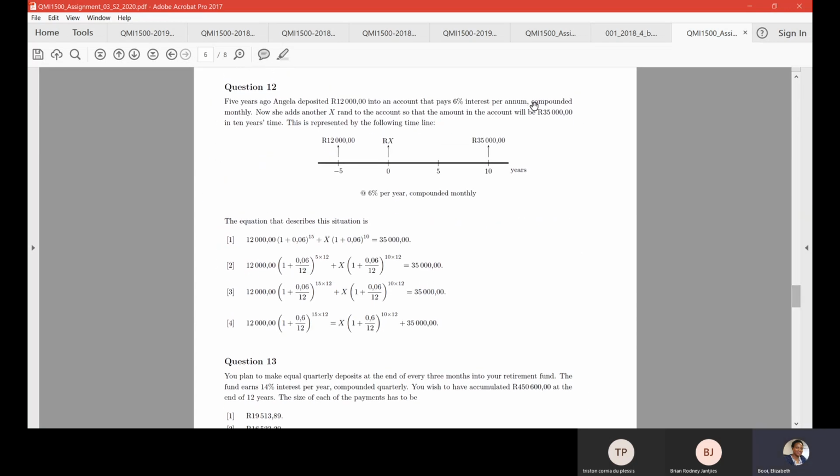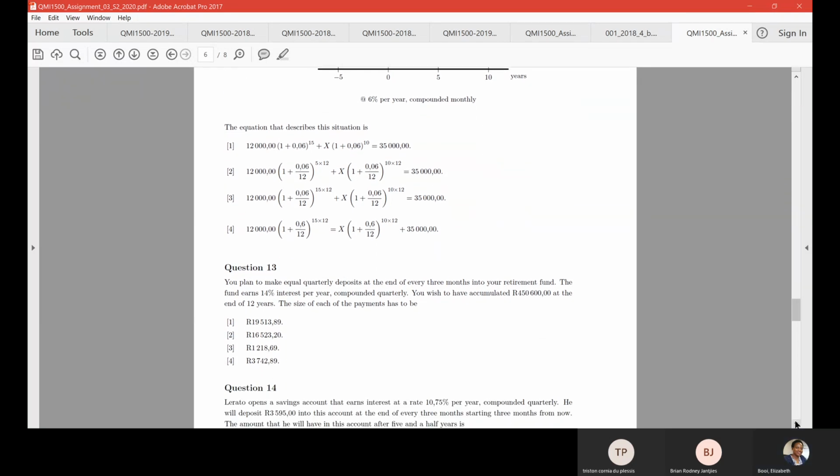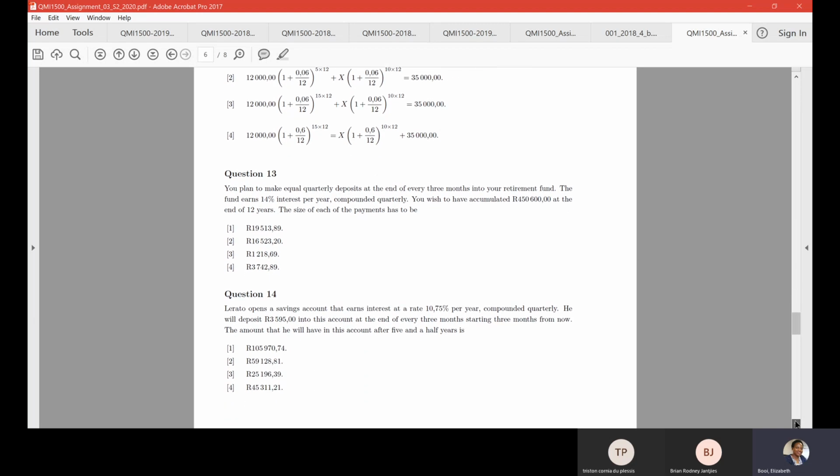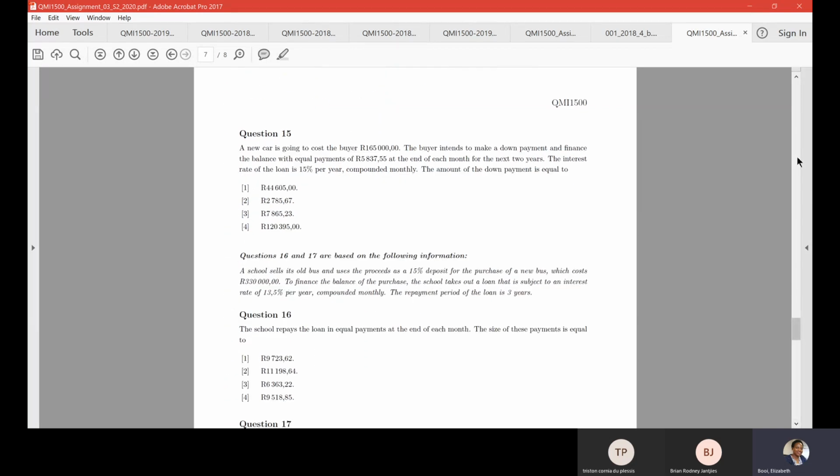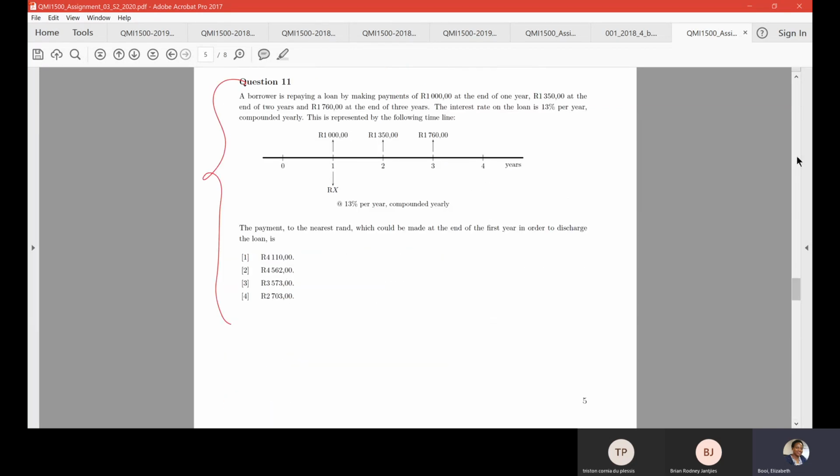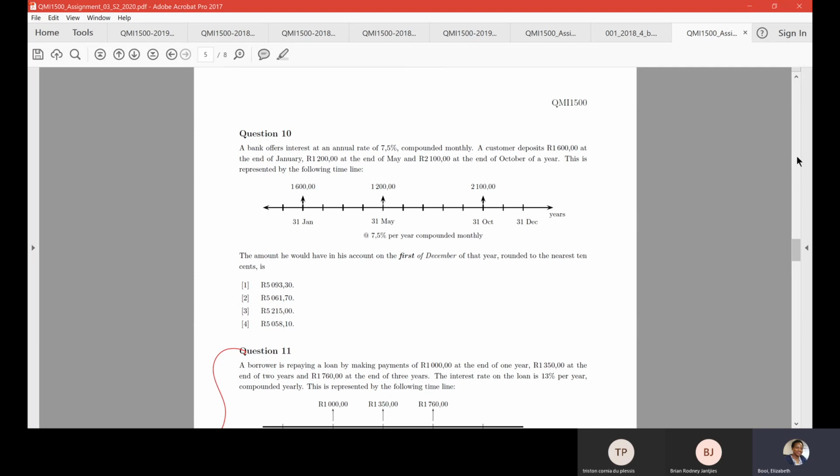And this one, now she adds another X amount, so this is annuities. Quarterly, this is annuities. Time value of your money should always be at the beginning with the compound interest. January, May, December.